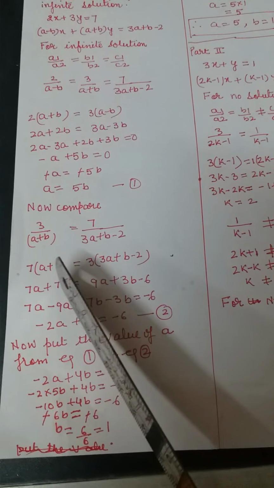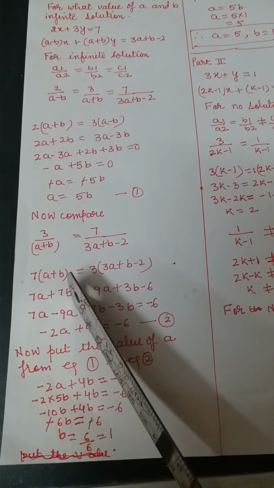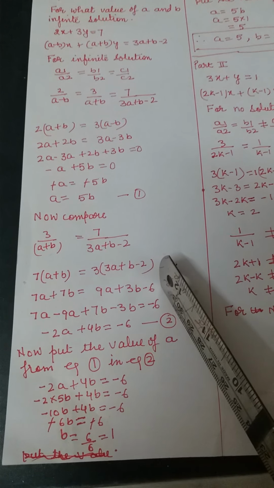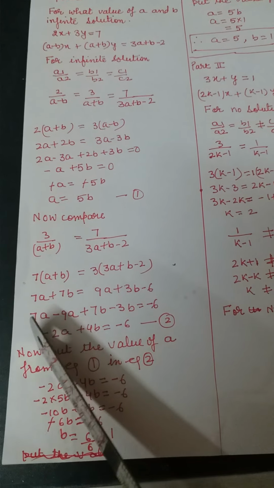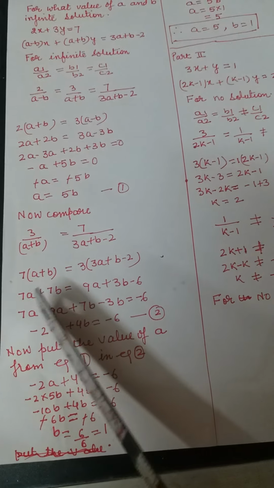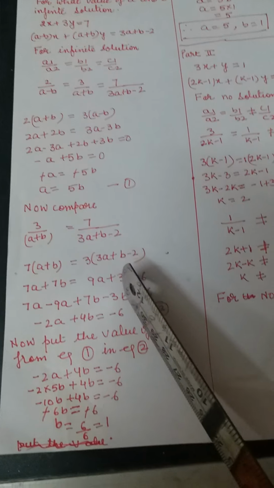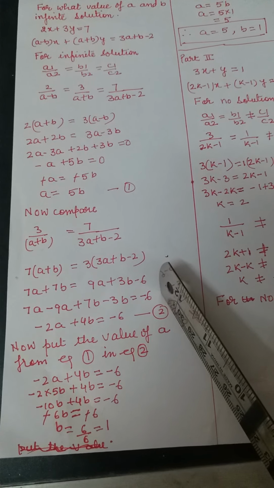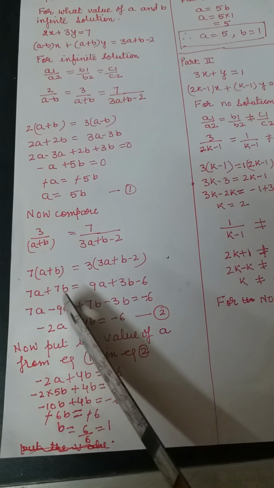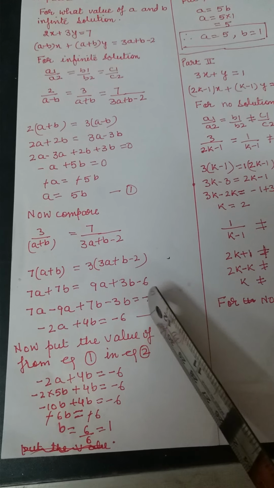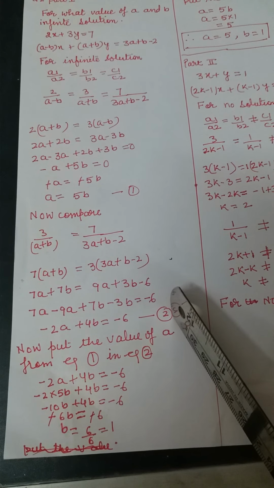Open the bracket, it will be 7a plus 7b equal to 9a plus 3b minus 6. Bring the a term and b term towards the left hand side. Then it will be 7a minus 9a plus 7b minus 3b equal to minus 6. After solving, it will come minus 2a plus 4b equal to minus 6. This is equation number 2.